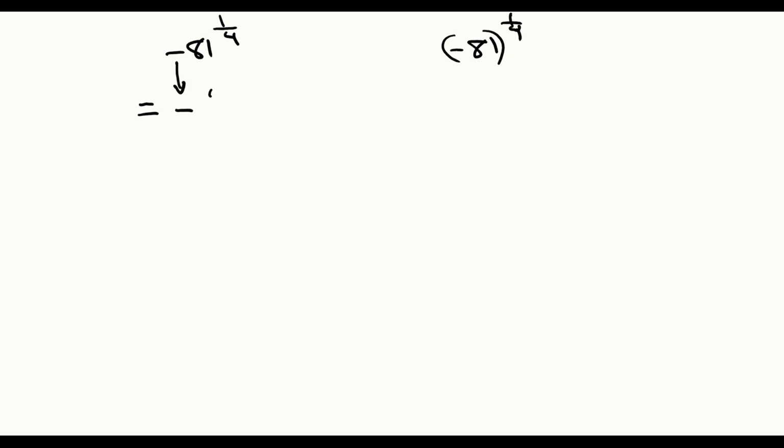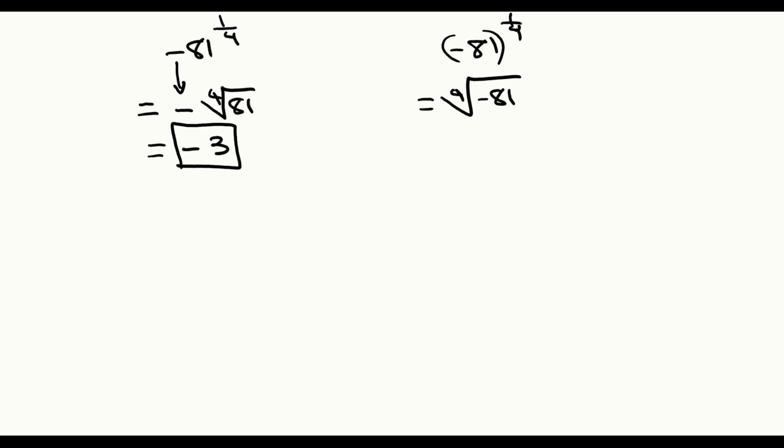So we're going to get -4th root of 81, which is a well-defined real number known as -3. In this case, we're going to get the 4th root of -81. And as we know, there is no real number that we can raise to the power of 4 to get -81. So once again, here we will say not a real number.